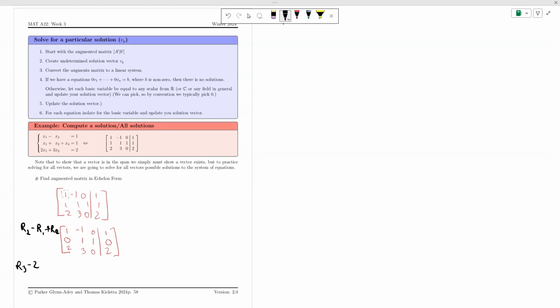R3 minus 2R1, replacing R3, gives the set 1, minus 1, 0, 1, 0, 1, 1, 0, 0, 5, 0, 0.